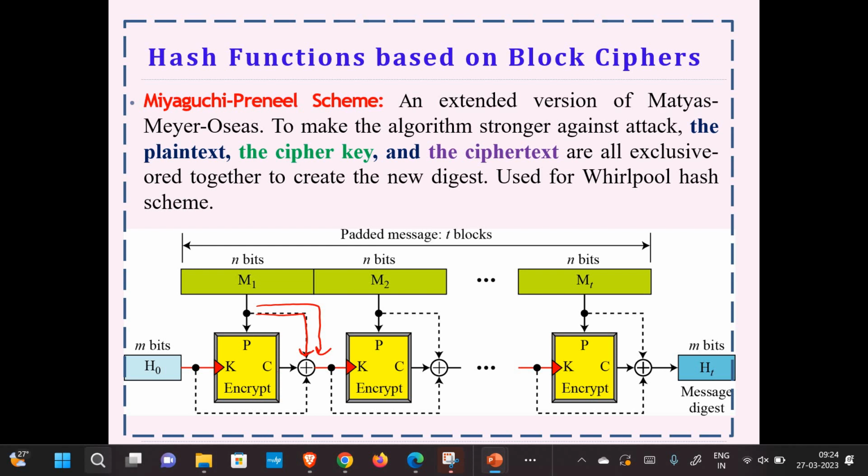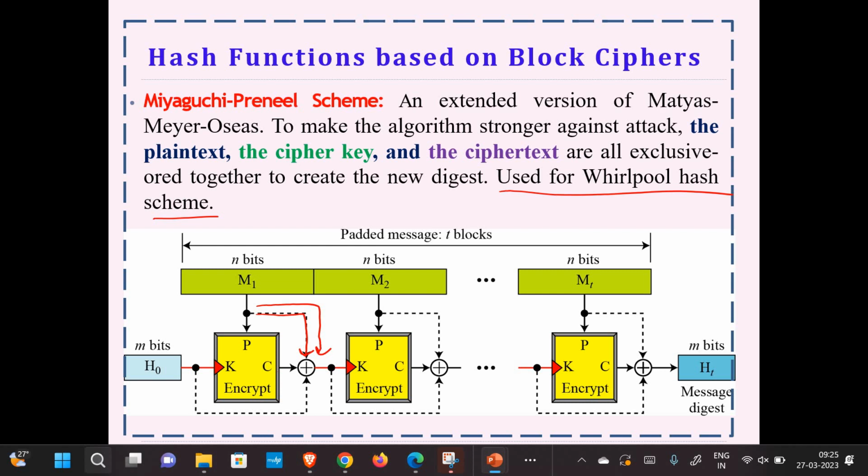So three elements are getting XORed once again: the message, the ciphertext, as well as the hash function together. That makes it a little bit different and more secure. And as you can see, it is used for the Whirlpool hash scheme, which we will discuss at the end of our discussion.